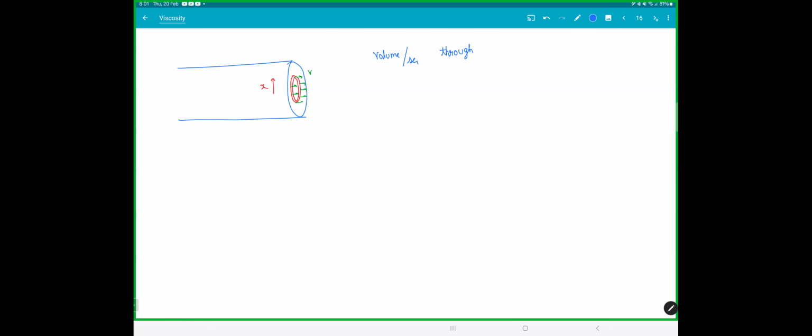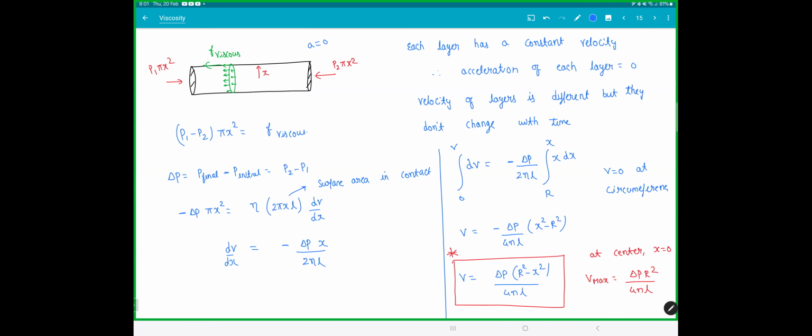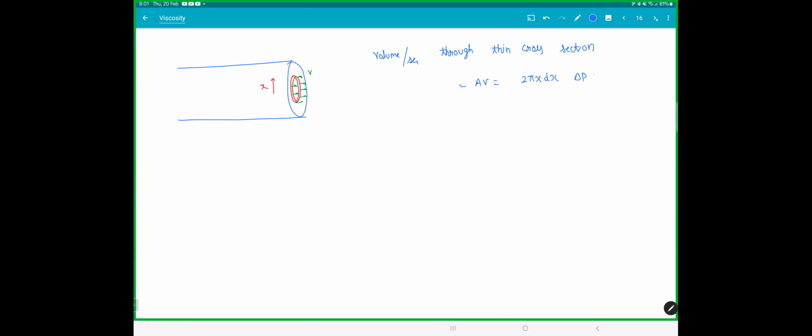Now, because V is constant for this thin strip, you can assume A into V. Area is 2 pi x, circumference into thickness, and velocity is this: delta P, r square minus x square, by 4 eta L.